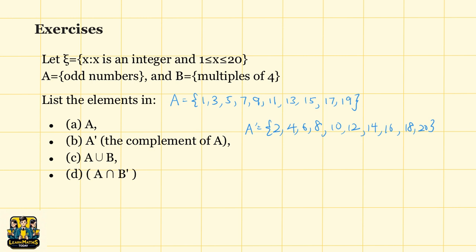Take note that 20 is included because x is inclusive of 20. And note that every element you can see in the complement of A here is not in set A.